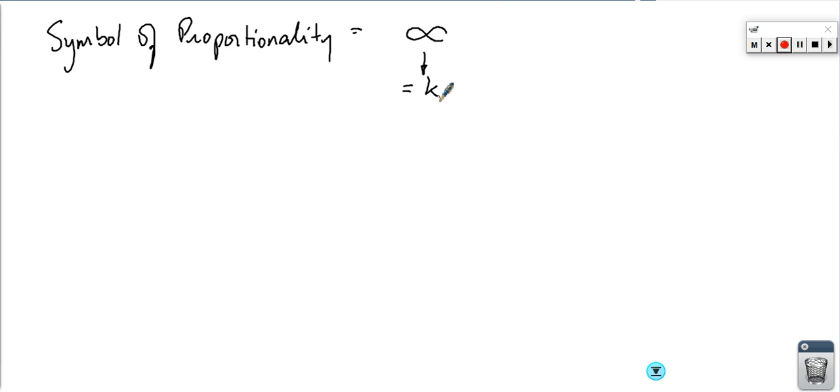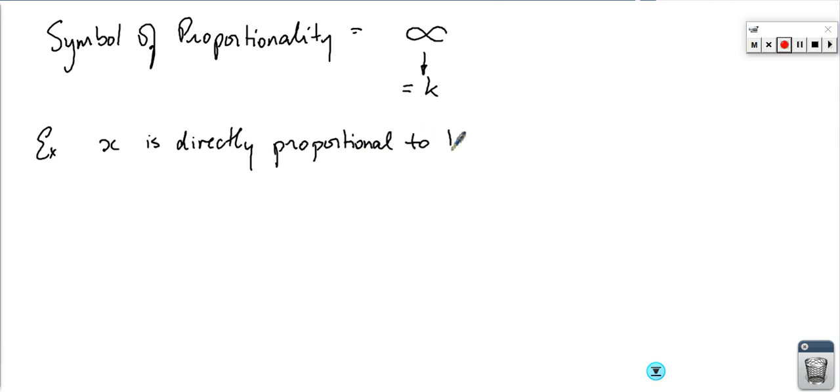So, how are we going to use that symbol? For example, I tell you x is directly proportional to the square of y.